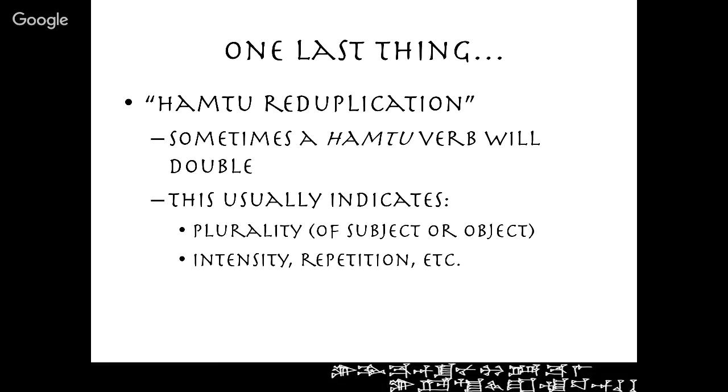So if in the basic stem, the regular stem, the word means to break, if they put it in the Piel stem or the D stem, it'll mean to shatter or to smash, because it's duplicating or it's intensifying with its duplication.